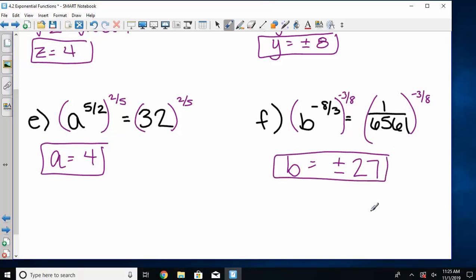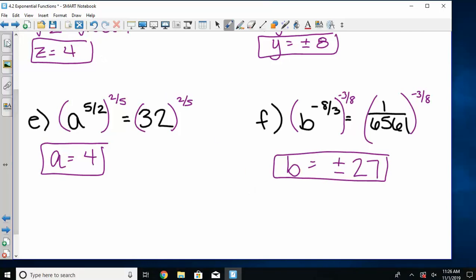Did anyone like me to work that one out a different way? If you wanted to write it with the radicals at the beginning, you would just need to get rid of the negative by making it 1 over that. And then you could cross multiply and get rid of your fractions altogether and solve it like the others. Okay, so are we good on this type of problem?